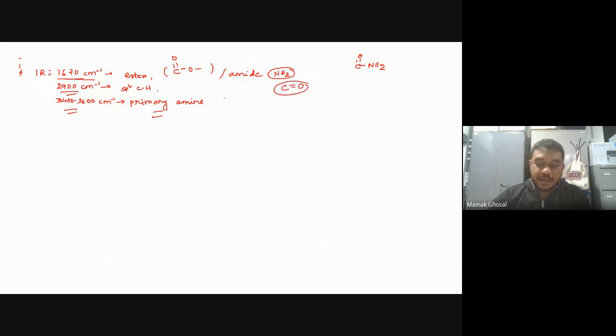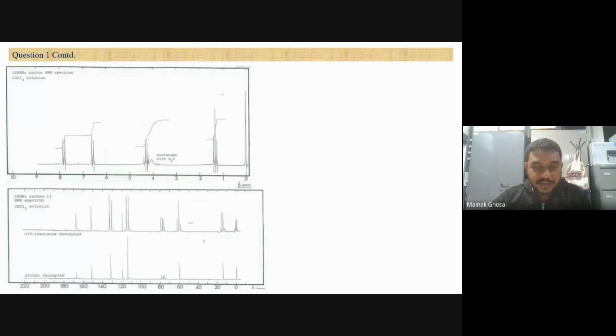Now, among ester or amide, which has the higher possibility of being present? You can see here that in NMR there is a broad peak that exchanges with D2O, which is only possible if an NH2 group is present. For an amide, it is very difficult to exchange the proton with the solvent.